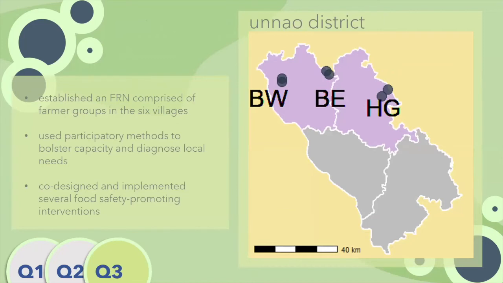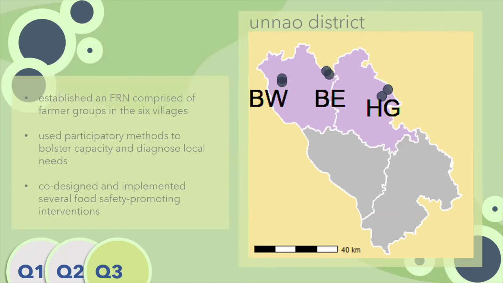So you might be wondering, where are we situating this study? And indeed, these same villages that we saw in Unnao district were the ones that I also targeted here. So we are working in the exact same communities where we have established a farmer research network comprised of farmer groups that are interested in food preservation and crop protection.